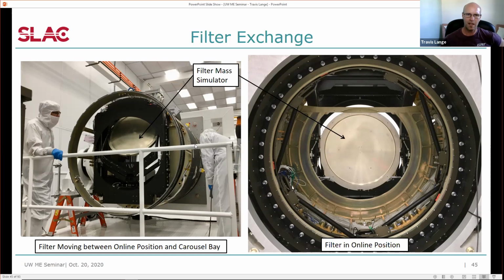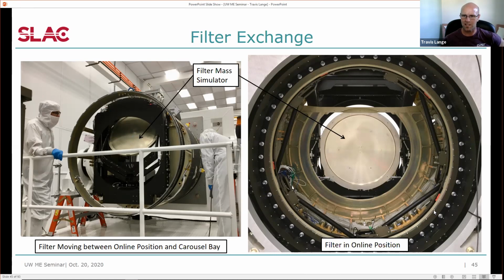So we can't have anything protrude beyond the diameter of the camera. That's why this is a crazy complicated mechanism, in order to be able to get that filter stored and changed out without breaking the outside diameter of the camera.